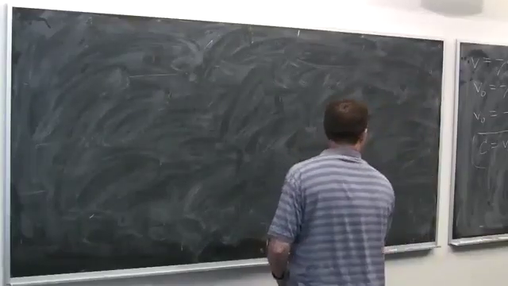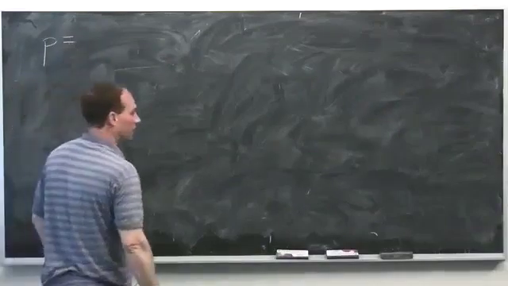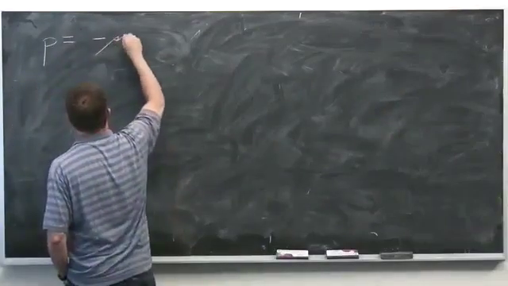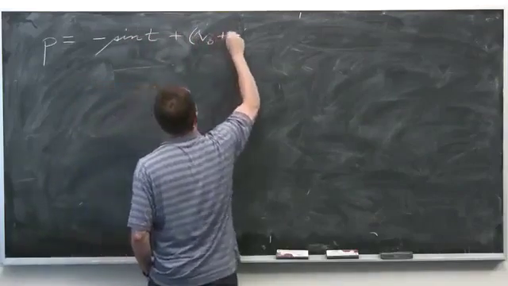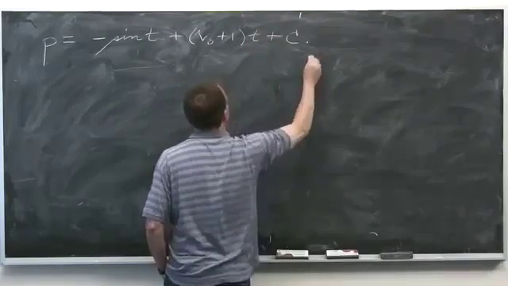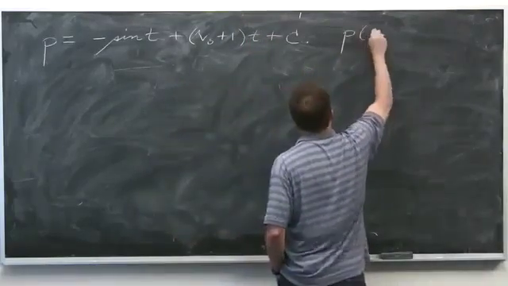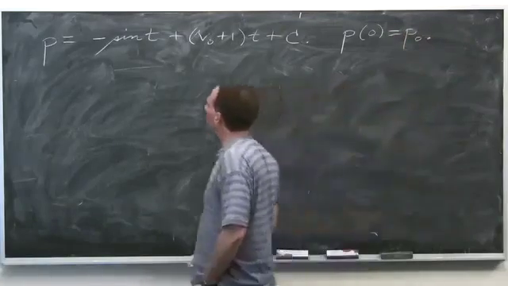So we just derived that the position is minus the sine of t plus (v naught plus 1) times t plus a constant, and then you put in that at time 0, the position is p naught, the position at time 0.